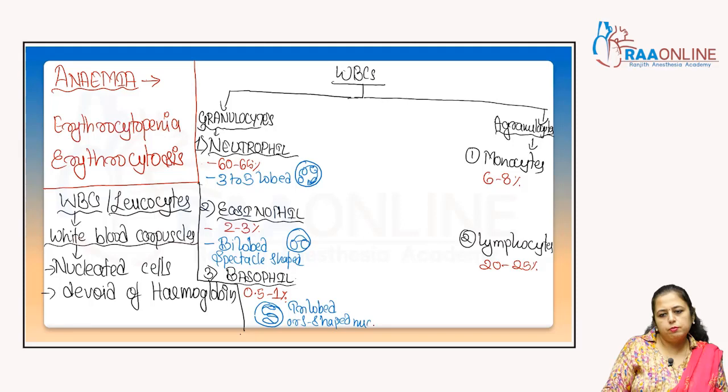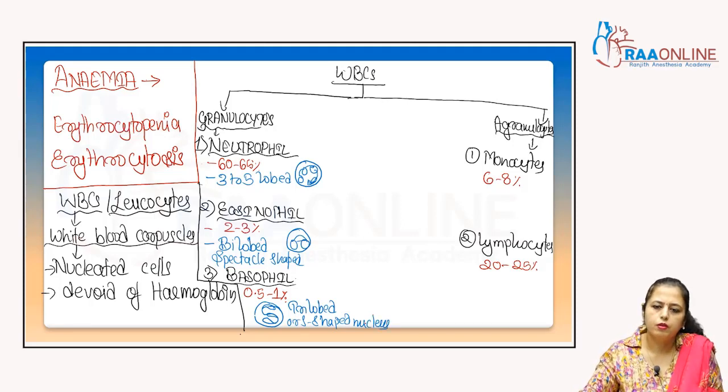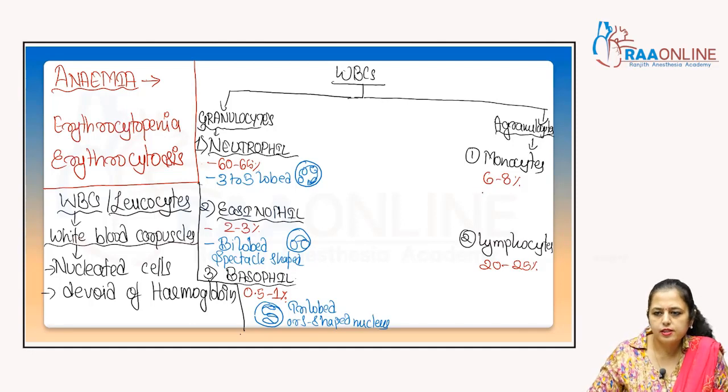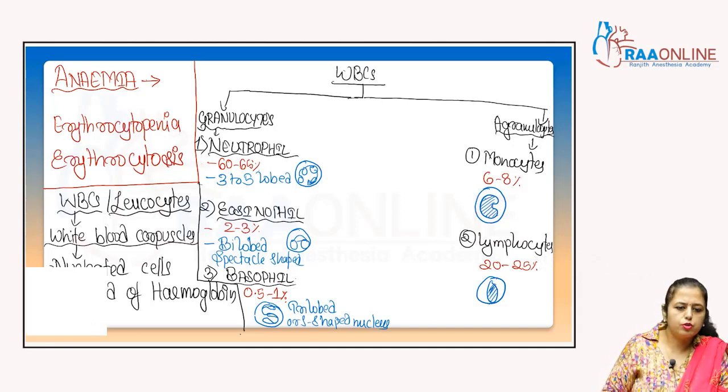Clear? Monocytes, large, kidney shaped nucleus, and lymphocytes large oval shaped nucleus, right?